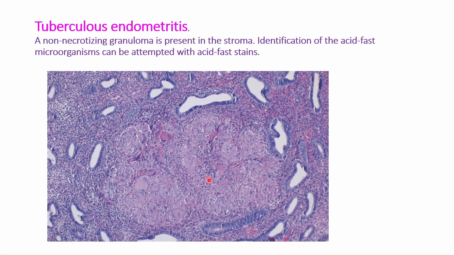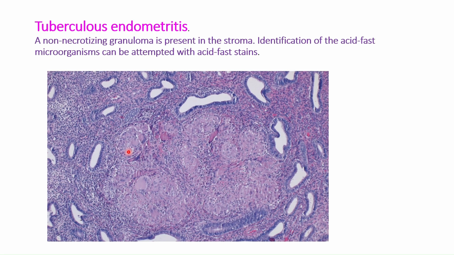And if we do acid-fast stain, there may be presence of acid-fast bacilli or tuberculous bacilli we can see. So, this is Langhans type of horseshoe shape appearance of nuclei, Langhans type of giant cells, epithelioid cells.